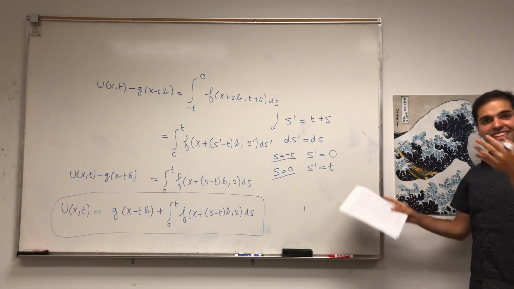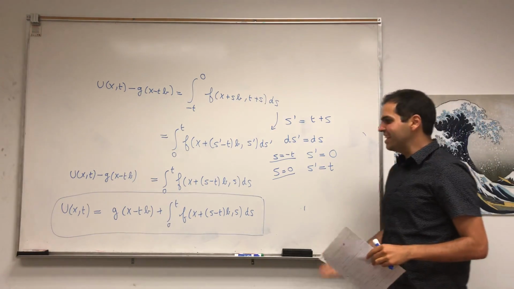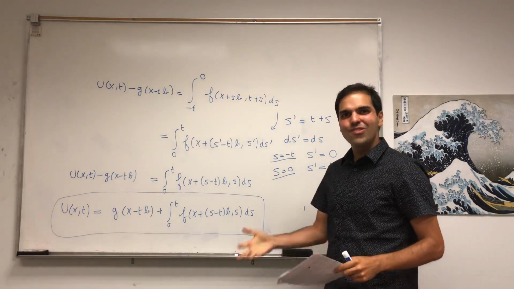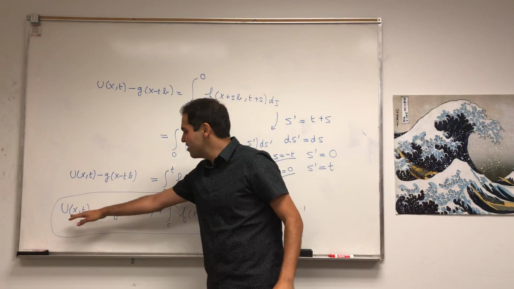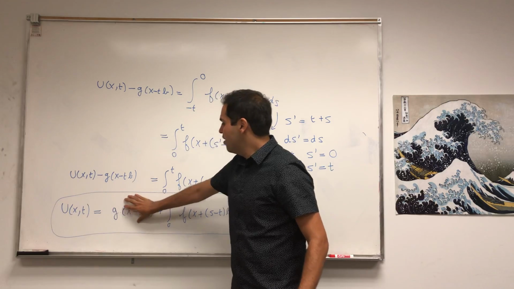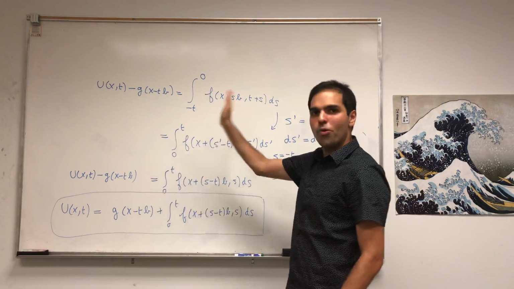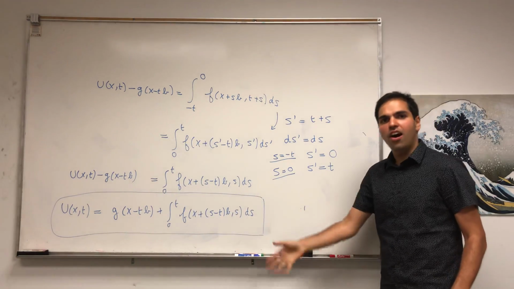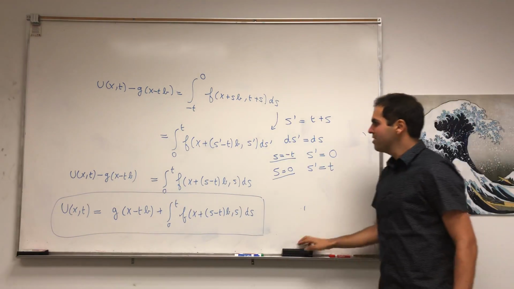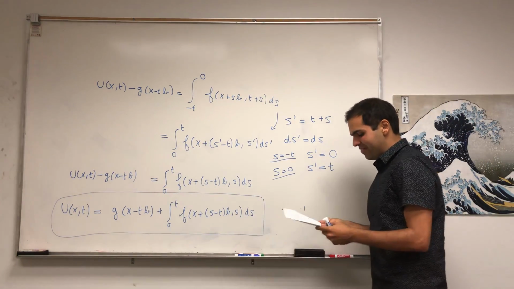So that's really neat. Even this more complicated inhomogeneous equation we were able to solve. And the interpretation of this is u is g, but transported along that line, plus some sort of a running cost from 0 to t. So think of a payoff or something.